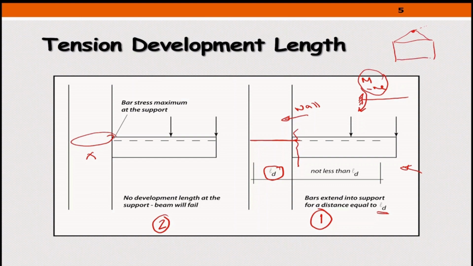Because the weight of the frame will pull down that bolt from the wall, and the bolt will easily pull out of the wall. In a similar sense, for any object or any bar that's subjected to tension to be able to carry that tension force, you need to extend the bar inside the element that supports it. That extension is called development length.